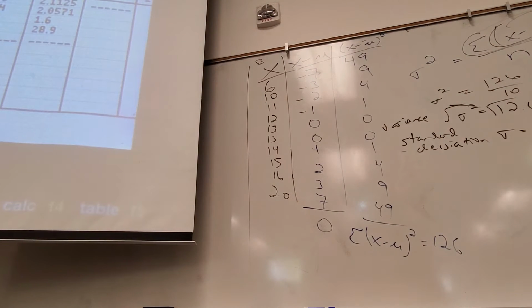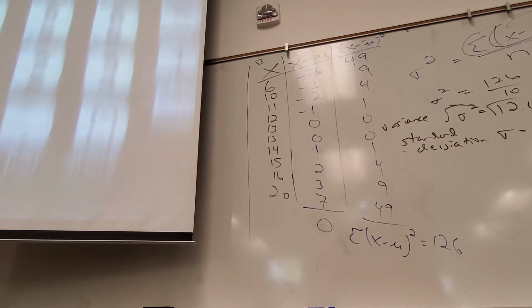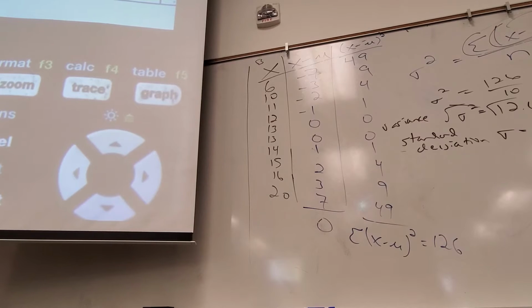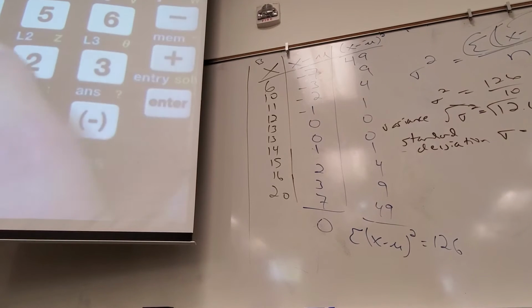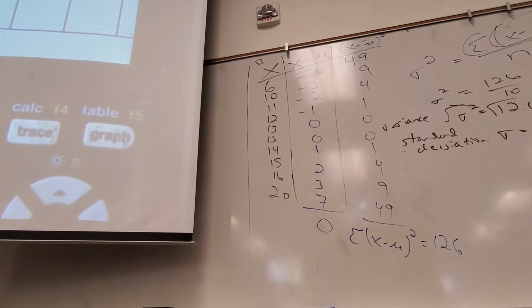So let's try this again. Where's L1 on the keypad? It's right above 1. So if you hit Shift, otherwise known as second, 1, then you should have an L1, minus the mean, which is 13. It's not a lot happening, but let me know if you have trouble.